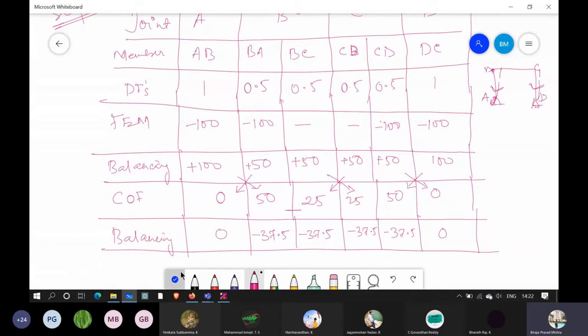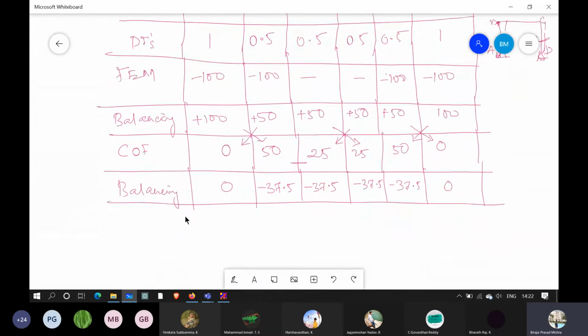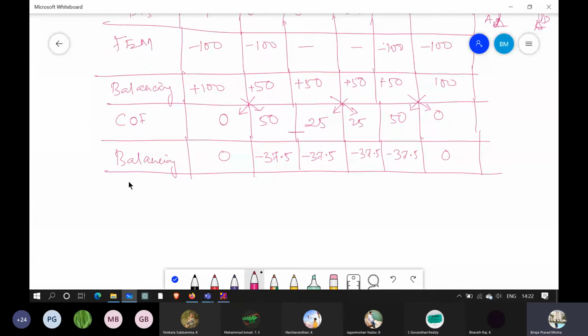Next step is again the carryover factor. Just like the previous one, this will become 0. Here, since there is nothing, it will be 0. Then this will be minus 18.75.